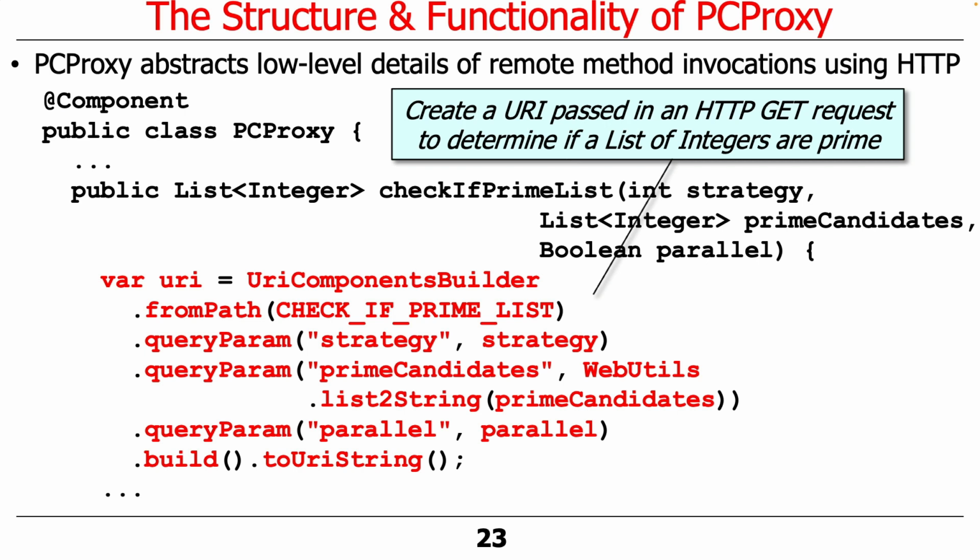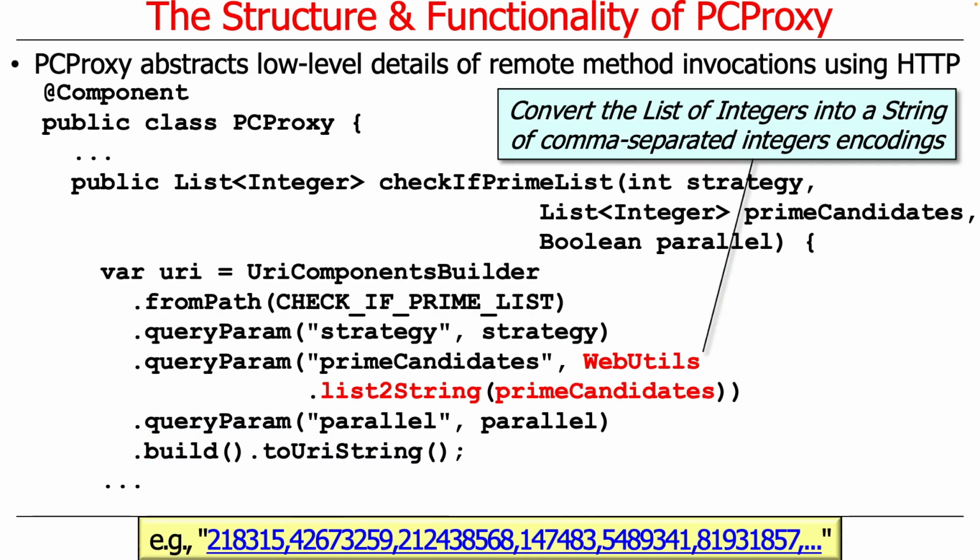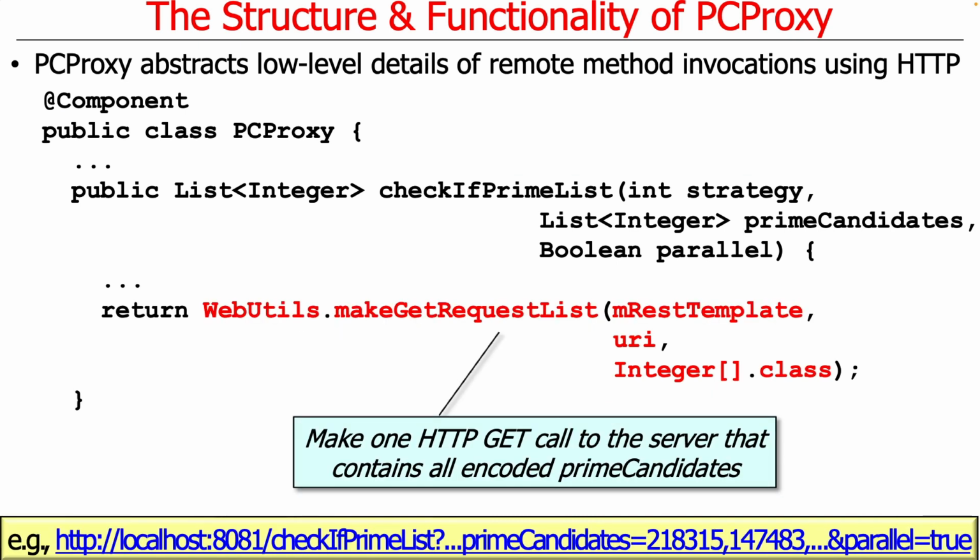And for the prime candidates, we're going to encode this using the list to string helper method to turn that into something that gets put into the actual URI. So when this call gets made, it replaces the list of integers with a comma-separated string that includes all the values of the integers.